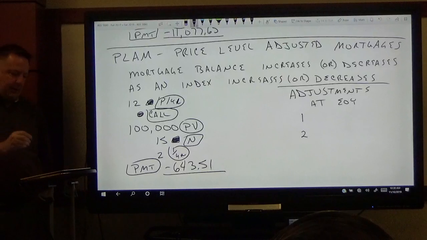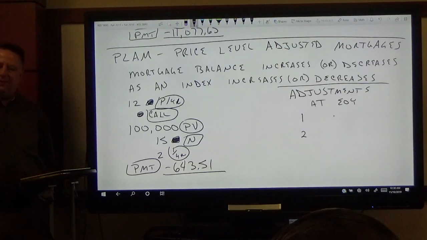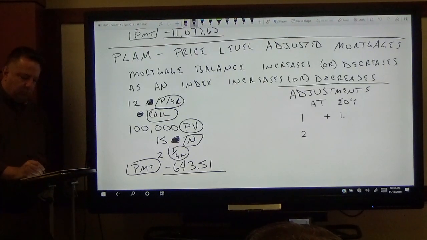So at the end of year 1, the adjustment upward, not the interest rate, but your balance, is going to be adjusted, let's say, a positive 1.5%.